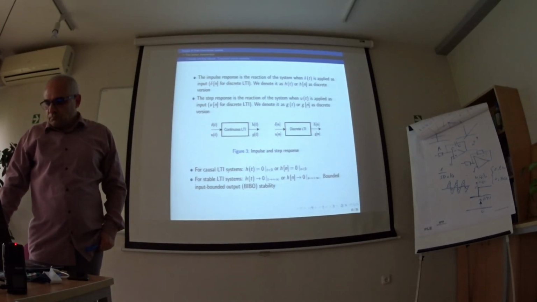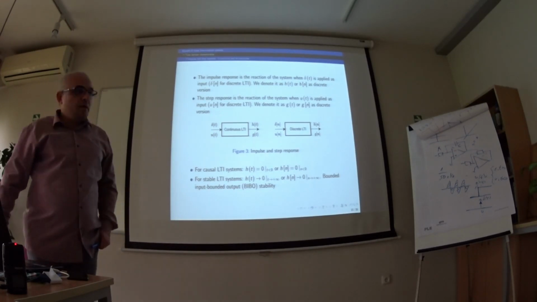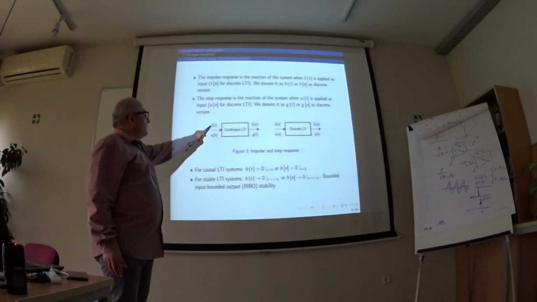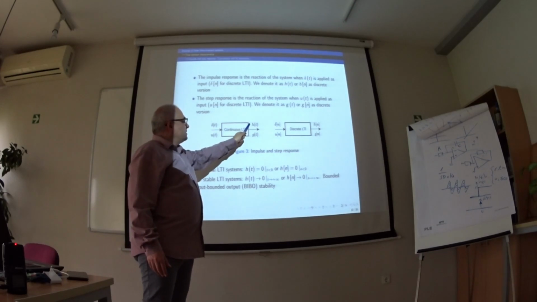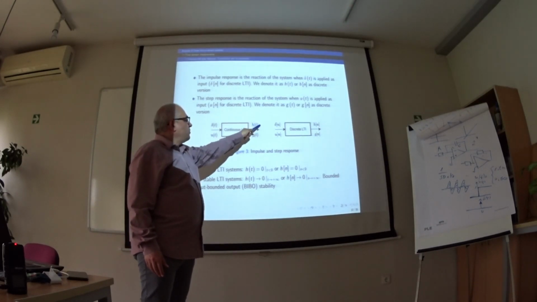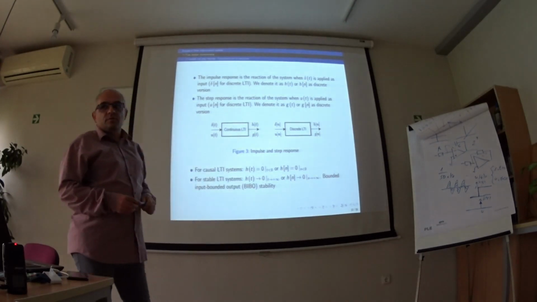Two system characteristics: impulse response and step response. If we apply delta at the input, the system output will be h of t, which is the impulse response.